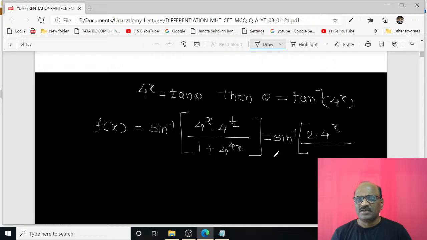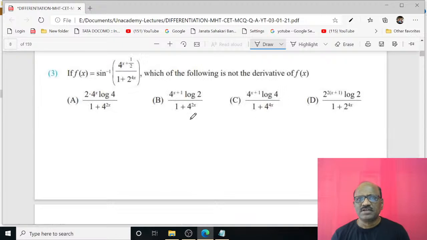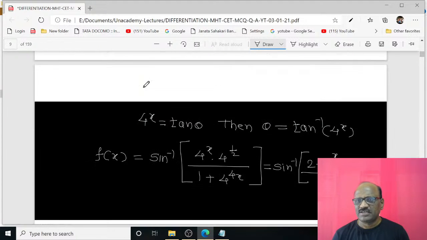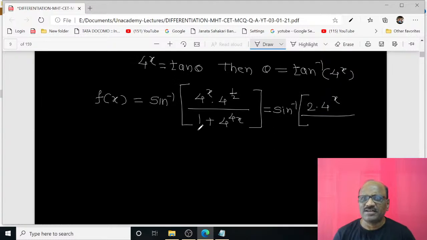And what about the next? I will write here the function, that is 1 plus 2 raised to 4 raised to x. Again, this can be written as, here is a 2. We require a 2 here.